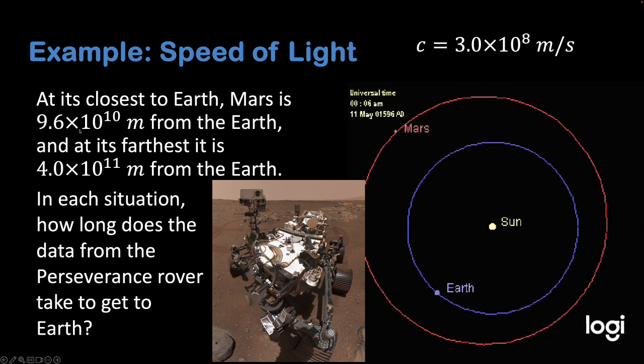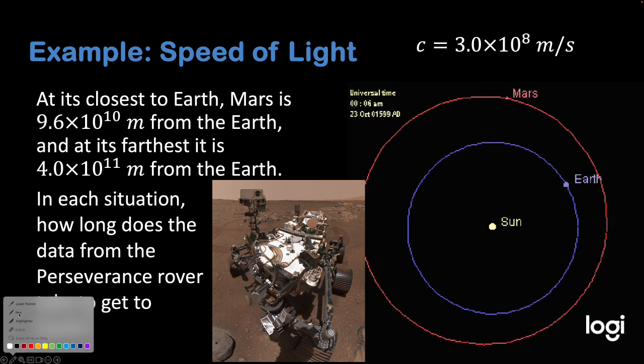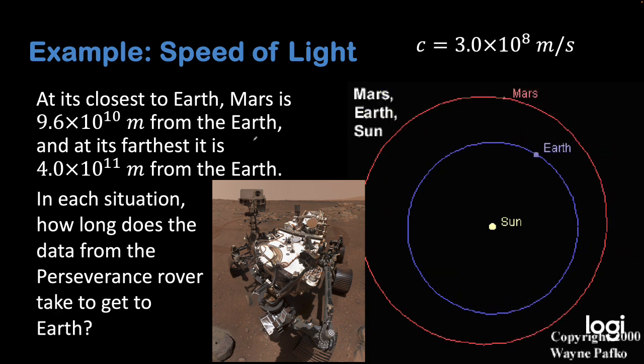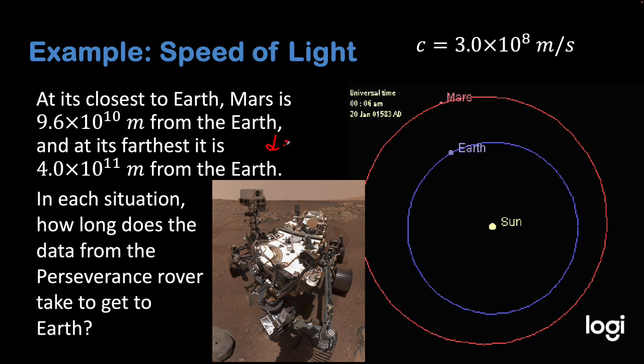So if it's at its closest, well, we know that the distance something moves is going to be the speed times some amount of time. Here I'm using c for the speed of light, and the distance it's going to travel would be d, and it's going to take this amount of time. So let me just say t is d over c in this case.